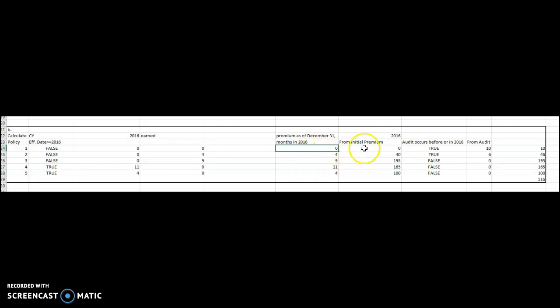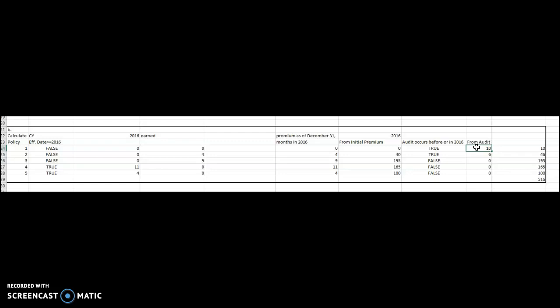Since it is an annual policy, we divide it by 12 months to get the proportion. And then once we got the proportion, we times the premium, and then we got the premium for each policy. And this is for the premium part. Next, we want to calculate the audit part.